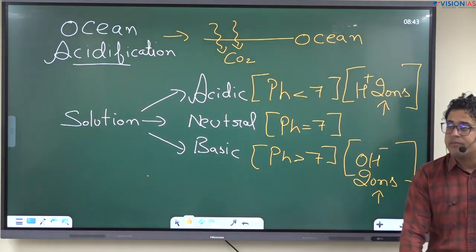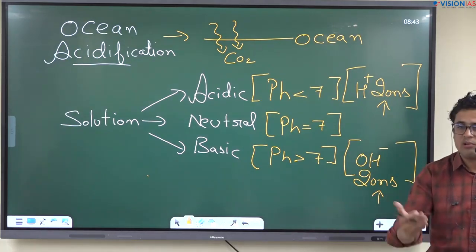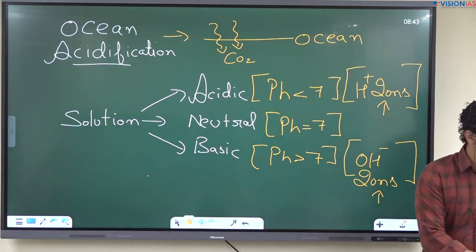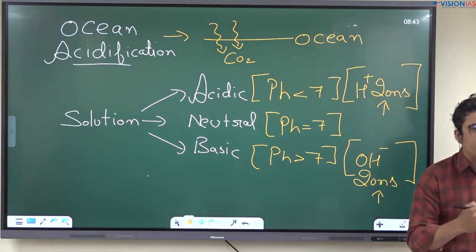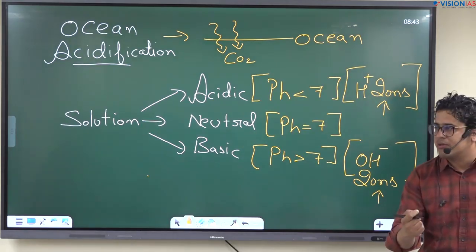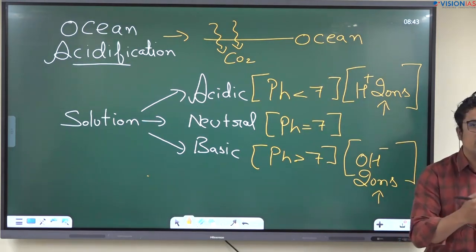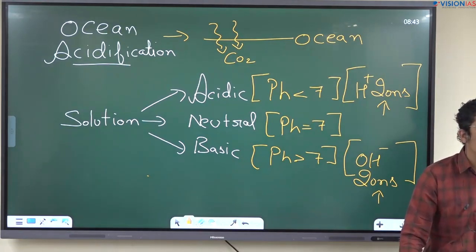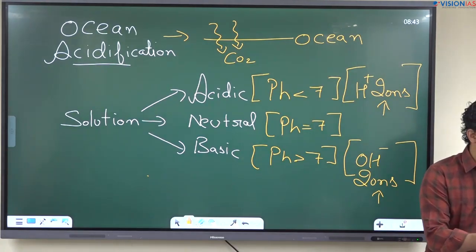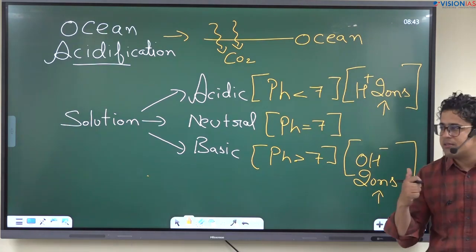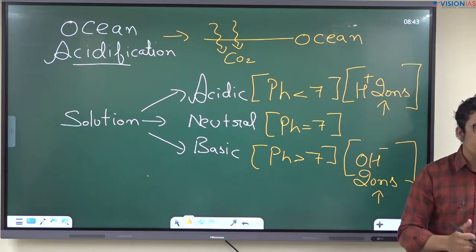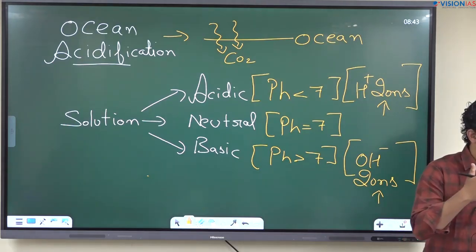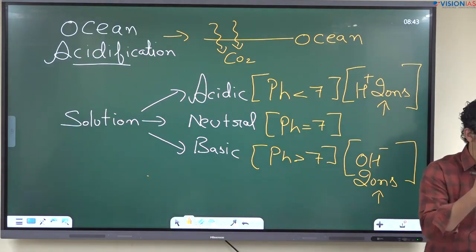But the problem comes when we release more and more carbon dioxide. We are burning more and more fossil fuels, petrol, kerosene, coal. So that means more carbon dioxide is produced. We are releasing more and more carbon dioxide. So what are the oceans trying to do? Oceans are trying to balance things because it's a natural buffer. So the ocean will absorb more and more carbon dioxide.